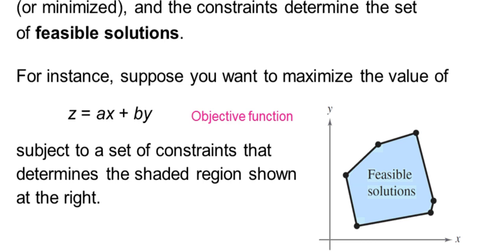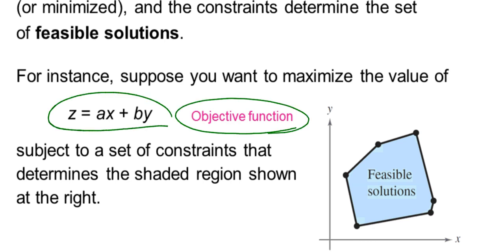So when we have an objective function, and we will have objective functions as we go through this, we're putting in coordinates that are x, y values, usually from those outer edges of our shaded region, and we either want the z value that is biggest or the z value that is smallest. And a and b would be constant numbers as we go through.